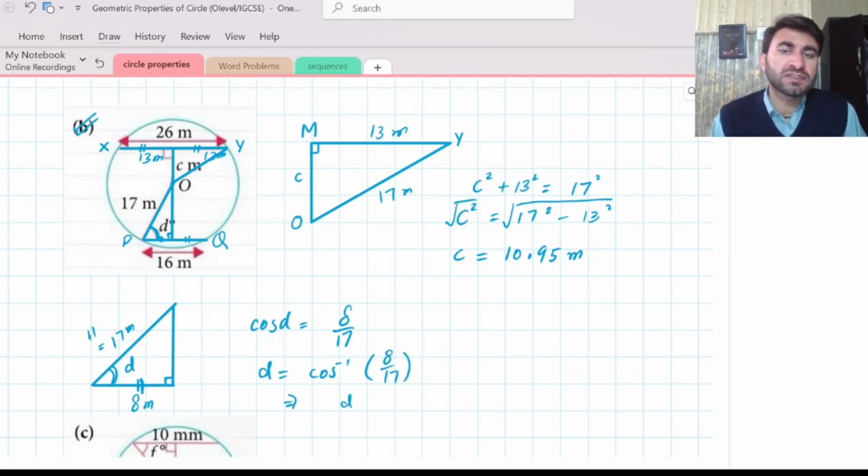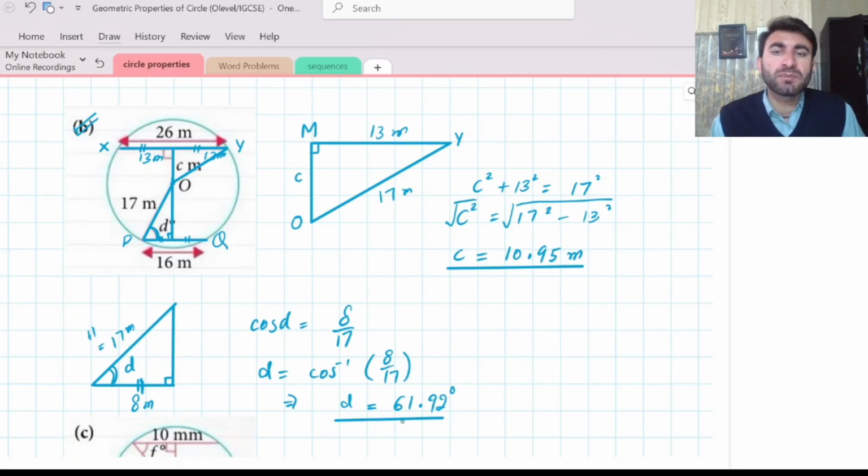So D shall become 61.992 degrees. So that is the value of D. So these were the two unknowns in this triangle, C and D.